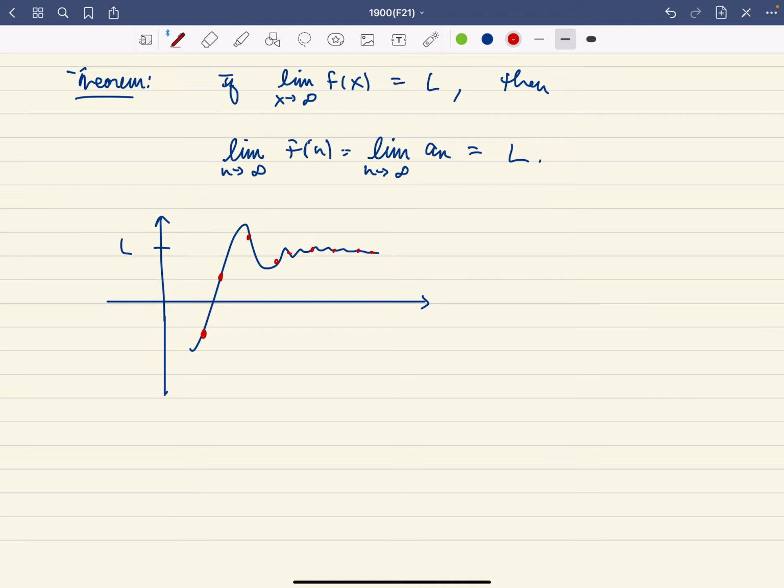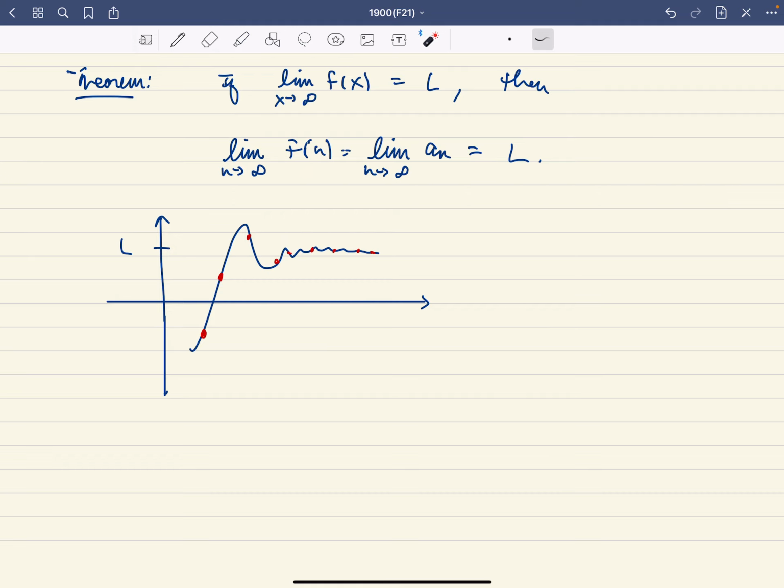All the values of the sequence are also going to get arbitrarily close to L. This is a strong statement: to say that a function approaches L means that all the values are going to be within epsilon units of L for whatever epsilon you want. And in particular, the integers are going to also have that property.